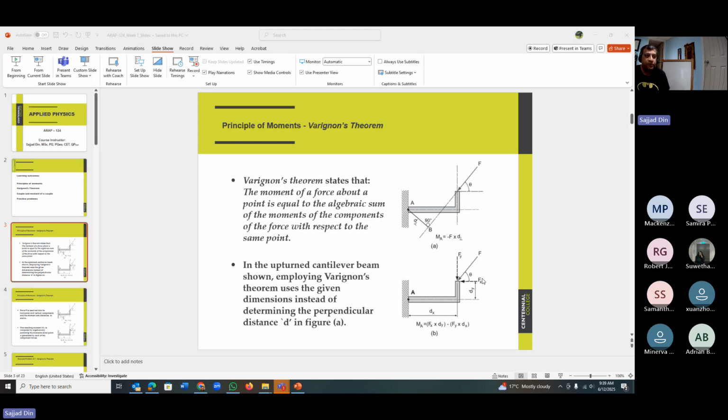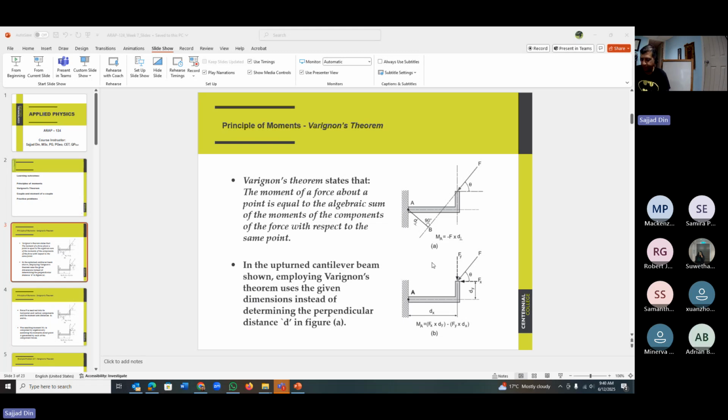That they are not the components of the same force. And what you can then do is add Fy times dx, and it's going in a clockwise direction, so it's going to be negative.